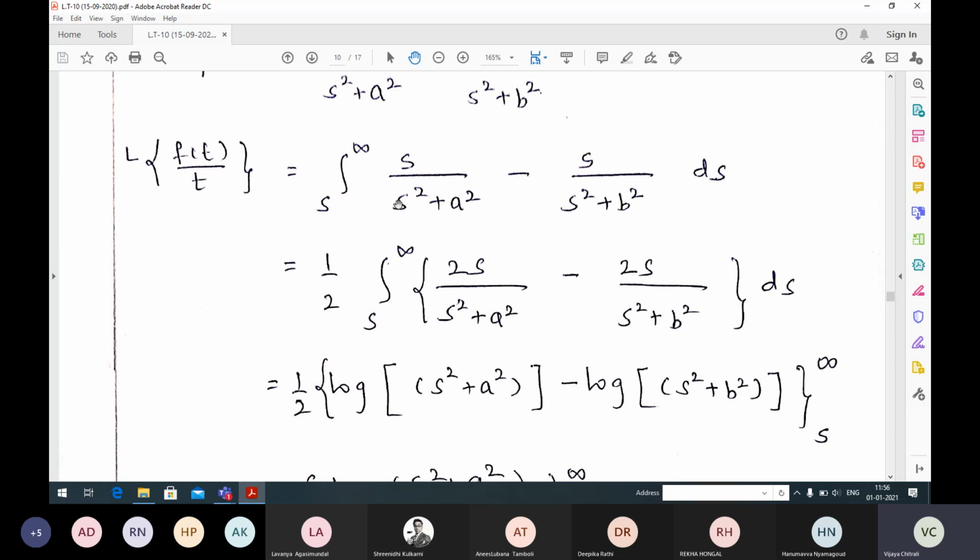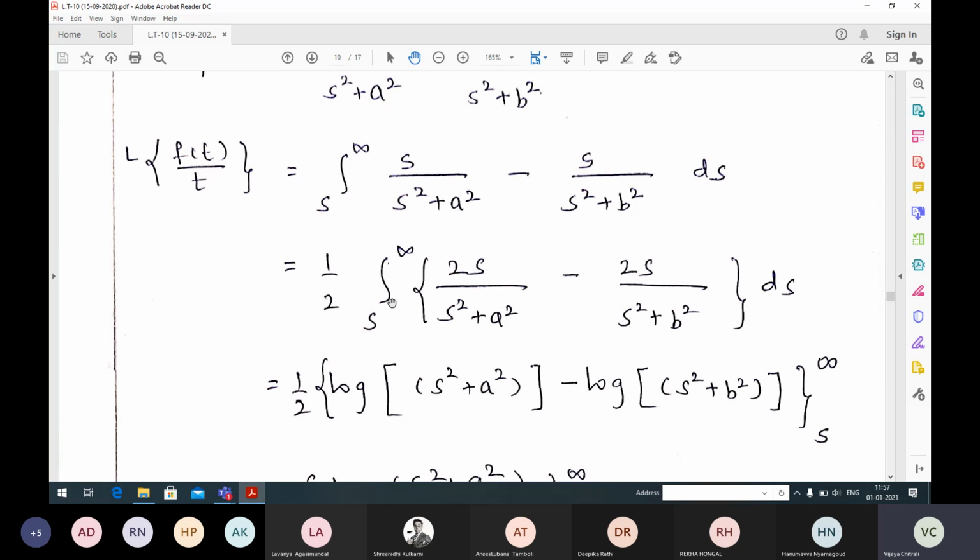So differentiation of this will be 2s. Then we can apply here integration of f dash x divided by f of x with respect to x will be log f of x, right? So for that I want 2 here. So multiply 2. Whatever we have multiplied, we have to divide 2, right? So next step will be 1 by 2. Why 1 by 2? Because we are multiplying numerator with 2. So whatever we have multiplied, we have to divide.